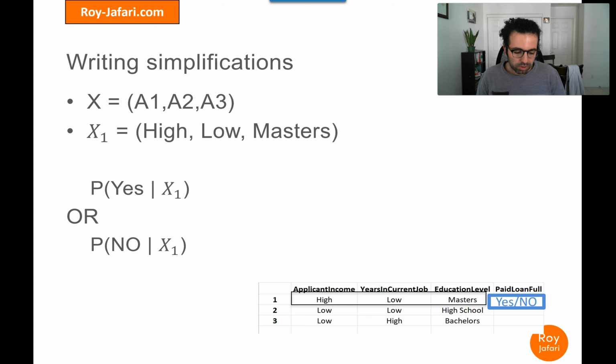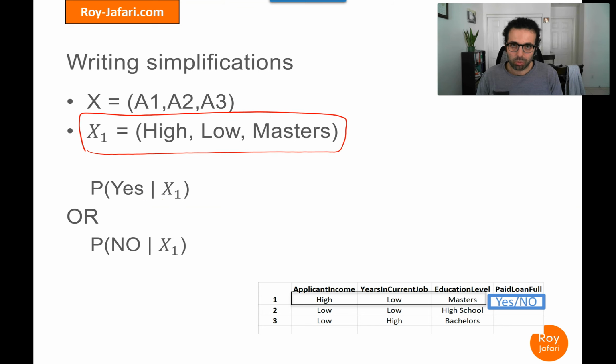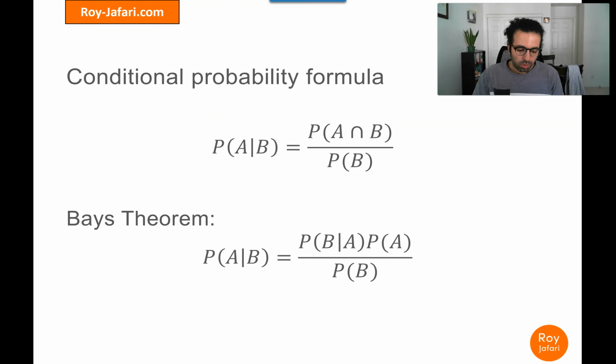And here, for the sake of simplicity, we say P, probability of yes given x. Probability of yes given this is the customer, or these are the possible values for the independent attributes. So that's what we're going to do. What we are going to use is the Bayes theorem.